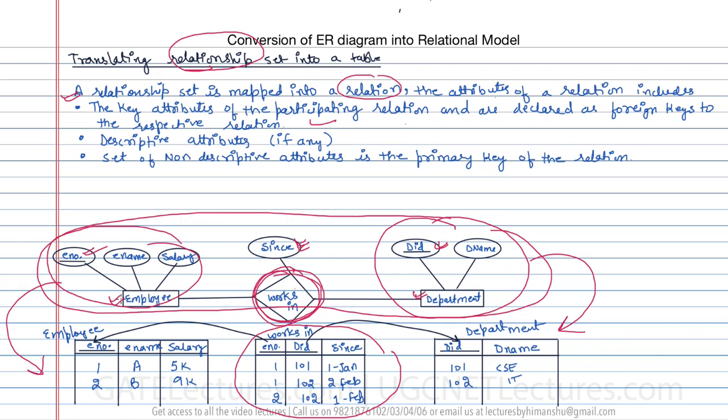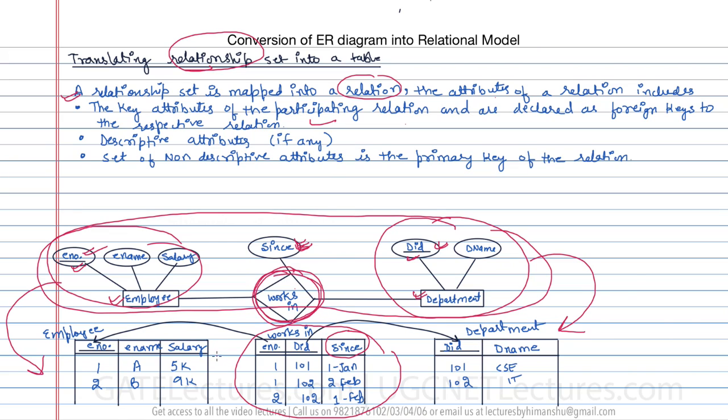For example, we have employee as an entity, and the key of this employee is employee number, and we have department as an entity, and the key of the department is department ID. So we are going to include them as foreign keys here, and we are going to add this attribute here. In this way you can easily convert this complete relationship into a relation, right?